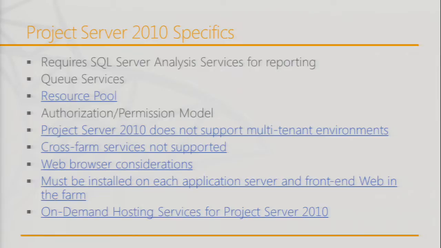Must be installed on each application server. I'll revisit that. But basically, people ask me, okay, I've got 6 web front ends at the top, 4 in the middle at the business logic layer. Do I need to put Project Server on 6 plus 4, 10? Typically, the underlying question is, how many licenses do I need to purchase? And yes, you need to put the bits on all those servers.